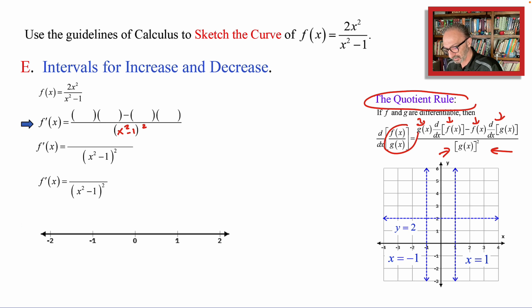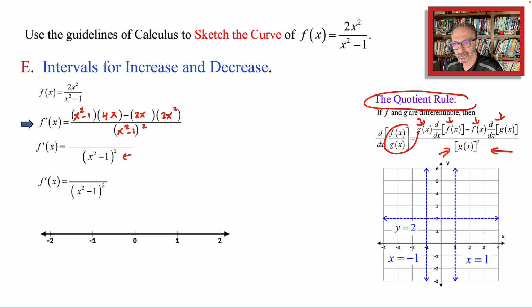Then we go to the top, we write the denominator as is, which is x to the second minus 1, times the derivative of the numerator, which is 4x, the derivative of 2x to the second, minus the derivative of the denominator, which is 2x. That's the derivative of x to the second minus 1, 2x, times the numerator as is, which is 2x to the second. The bottom side is already there, right here.